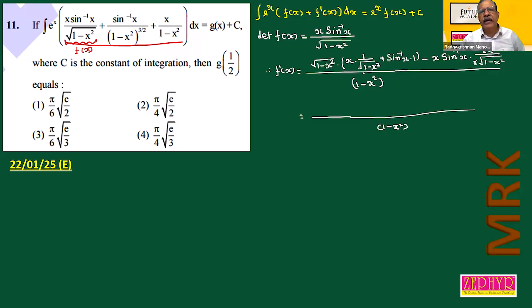When we open the bracket, we are getting x plus root 1 minus x squared into sine inverse x plus x into sine inverse x minus x, that is plus x squared sine inverse x, divided by root 1 minus x.